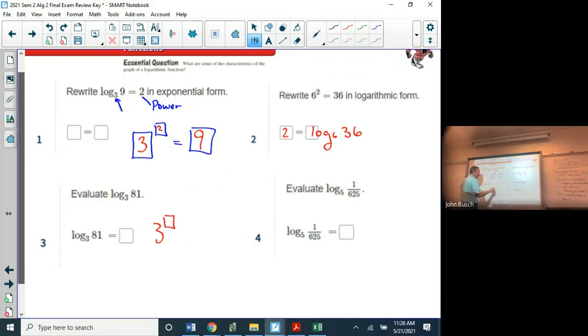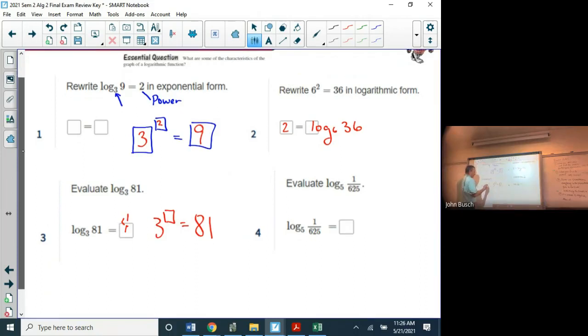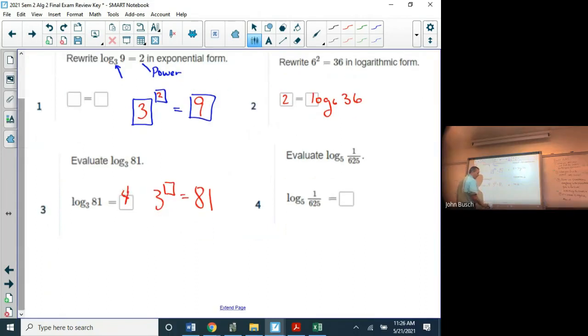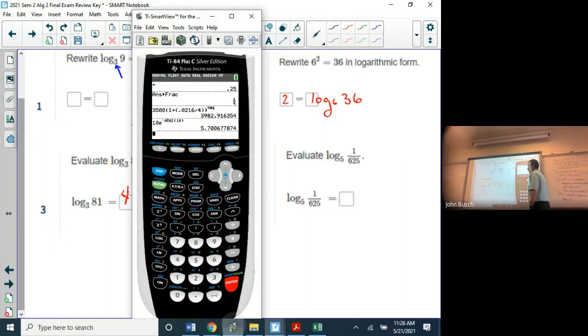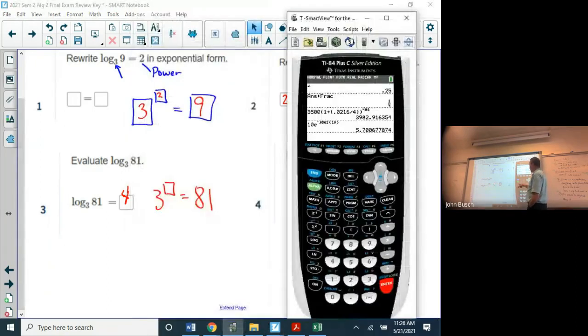A log is the power that you put on 3 to get 81, and that number is 4. You can, of course, plug it into your calculator. Under math, log base, you put a 3 down there, and 81 up there. We can figure out that that number is 4.